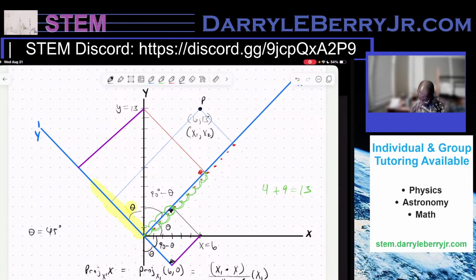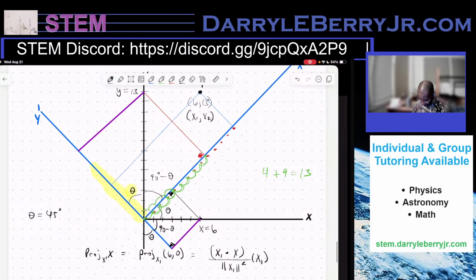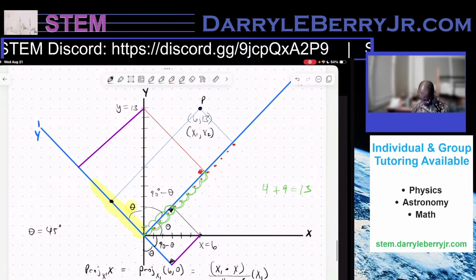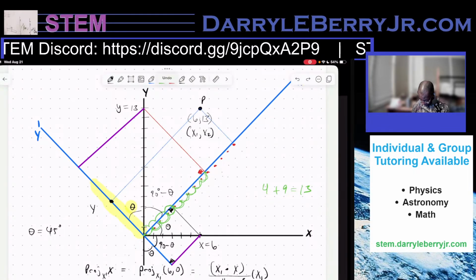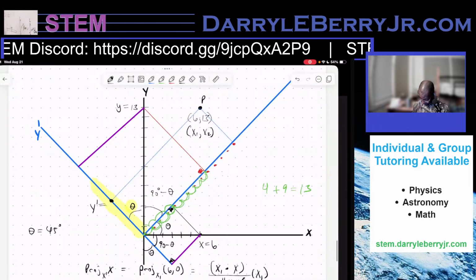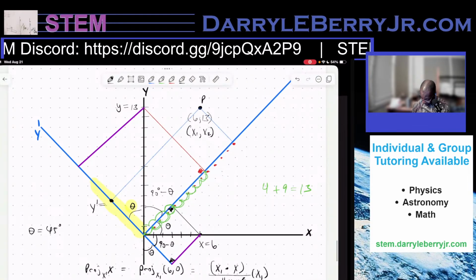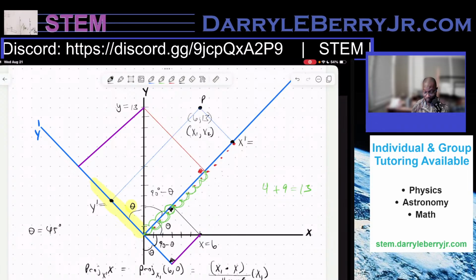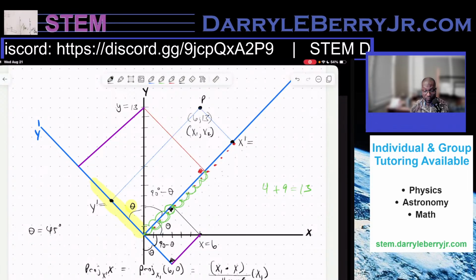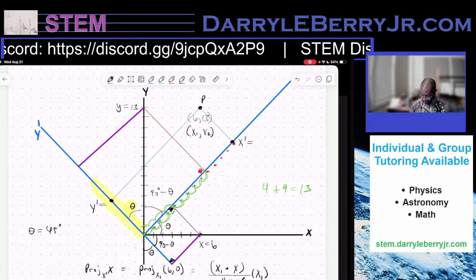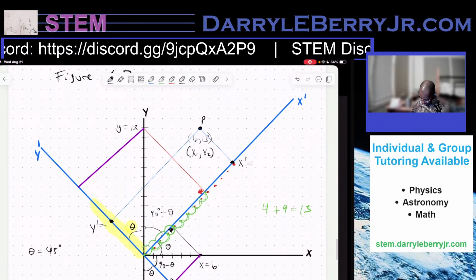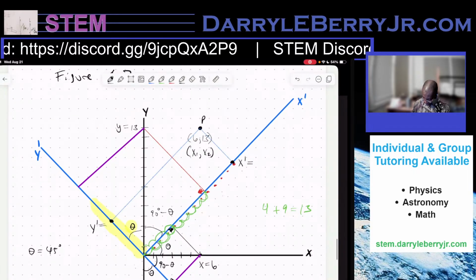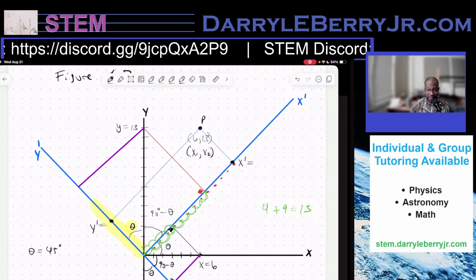And we have x2 prime, or y prime equals that, and x prime equals that. So these are the two coordinate systems representing that point. The point is the same, but the coordinate system has been rotated.